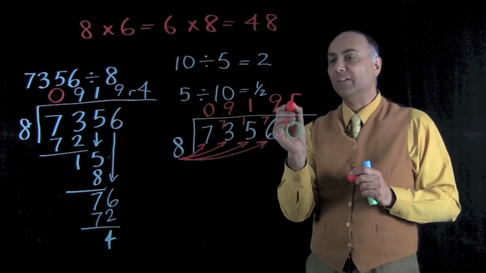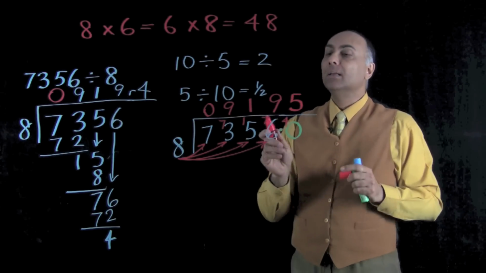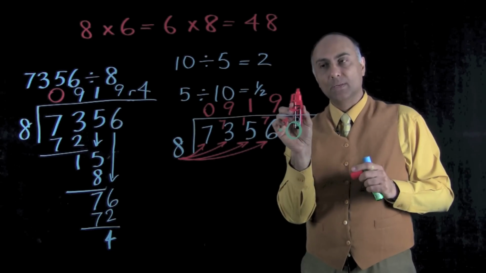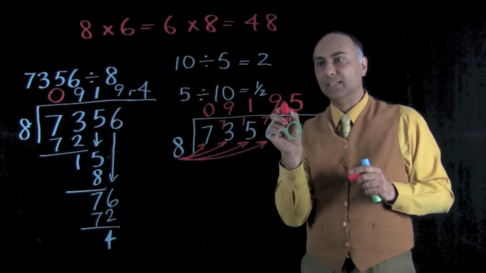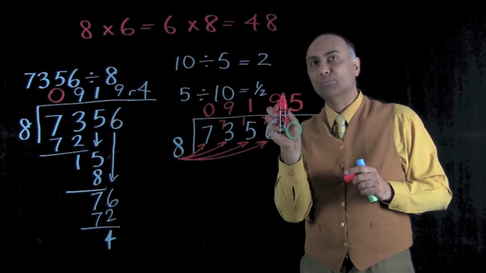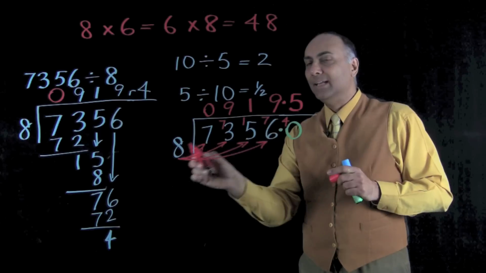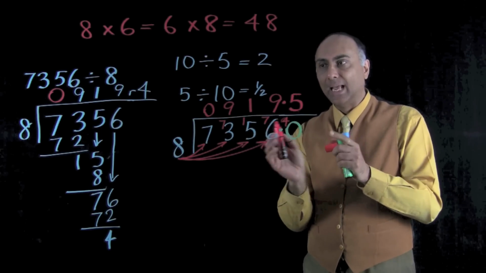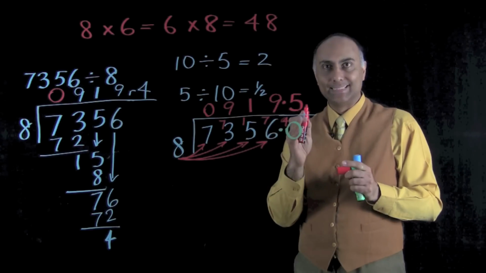So you write the 5. But again, remembering that this is the units column and this is the tenths column, and they must be separated by the decimal point. So in other words, the decimal point in the answer must be in line with the decimal point in the given number. Now, 5 eighths use up the whole of this 40, so there is no remainder, and therefore we finished and we have the exact answer.